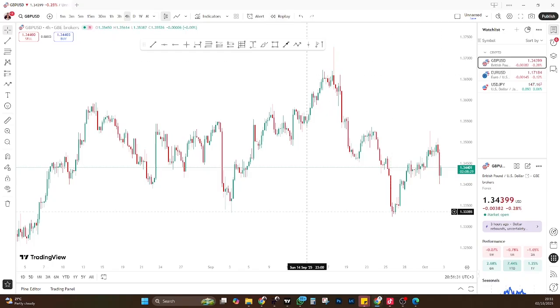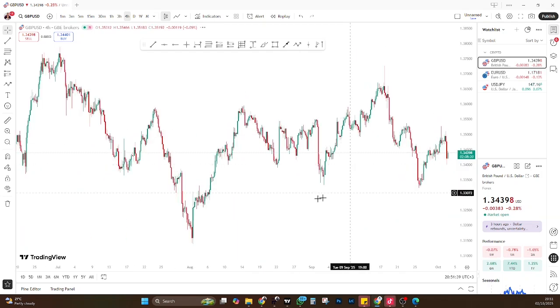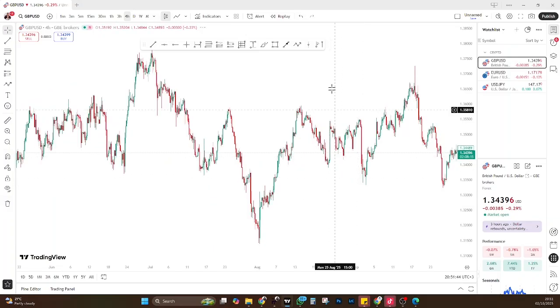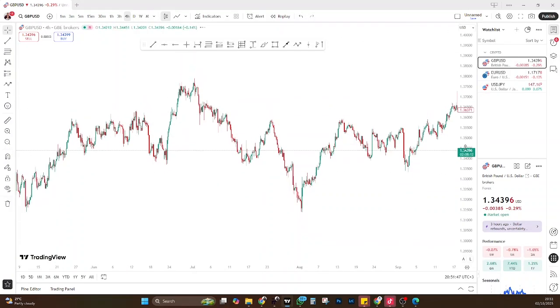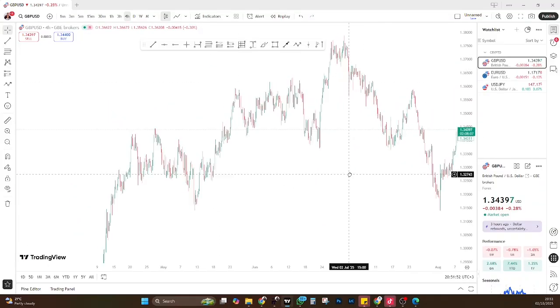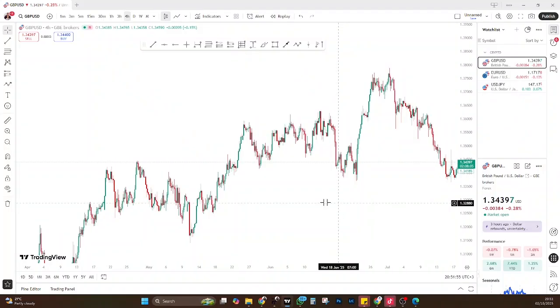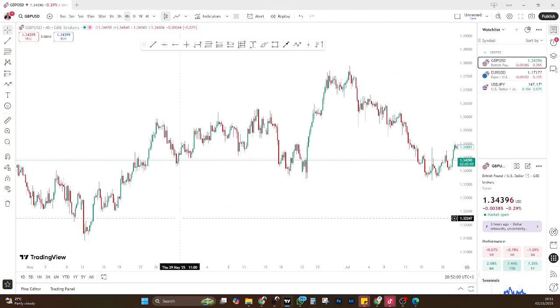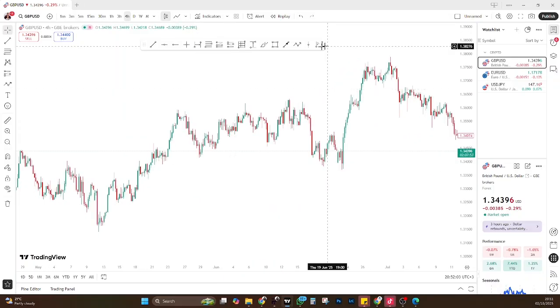So we are looking at two things: BOS, or break of market structure, and change of character. Okay. All right. So I want you to look at this. Let me just start here. If you look at this, you can see that this is a clear uptrend.